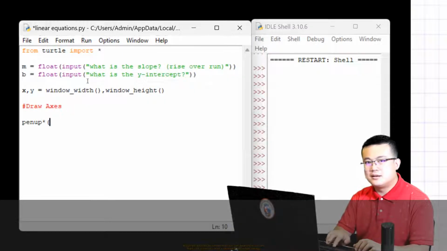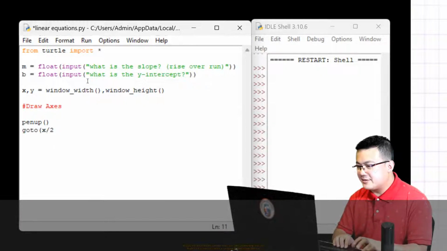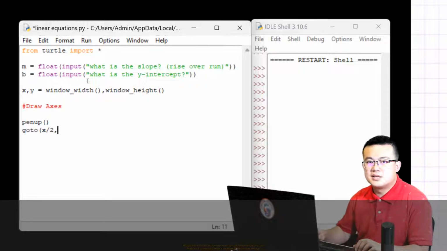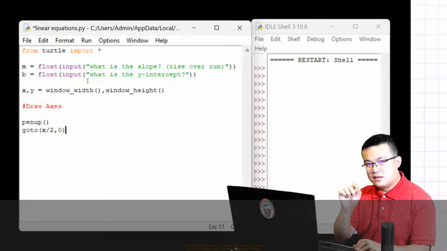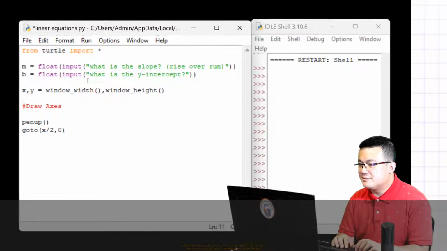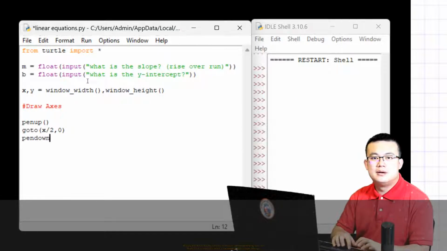Pen up. Whoops. Go to x over 2, 0. So this is in the middle of the screen on the x-axis. Pen down.